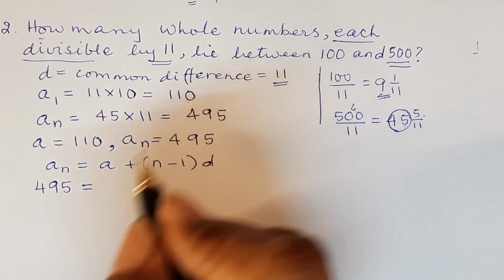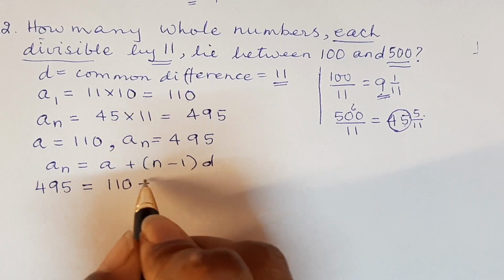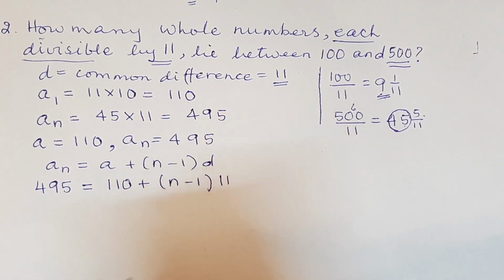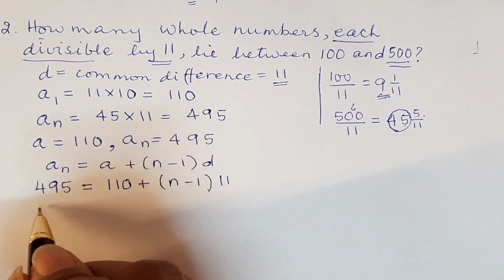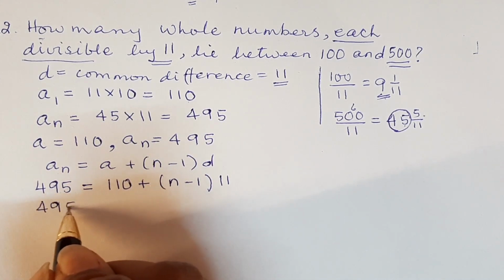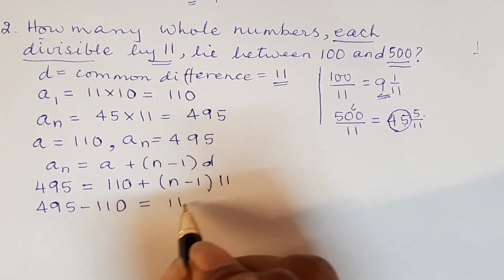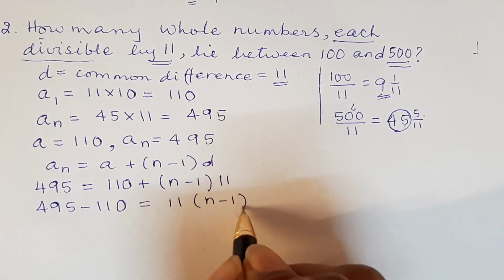A will be the first term, which is 110, plus n minus 1 into D, which is 11. And so we will have 495 minus 110 equal to 11 into bracket n minus 1.